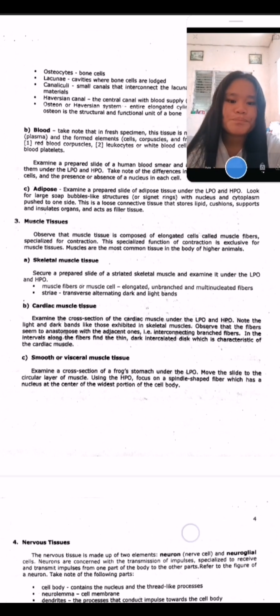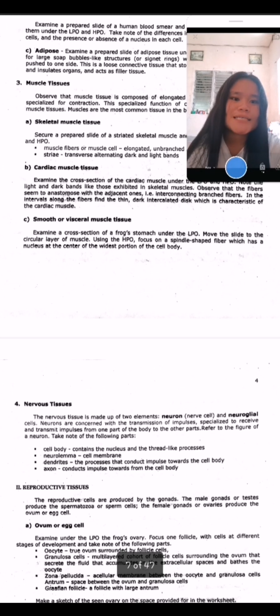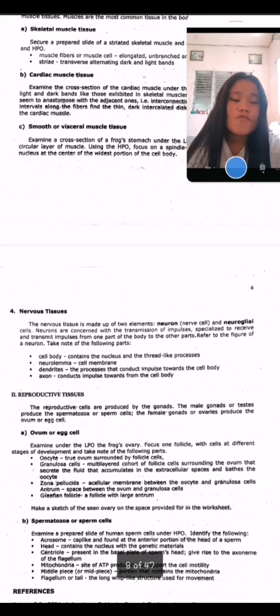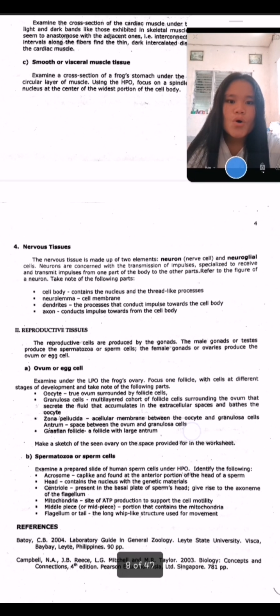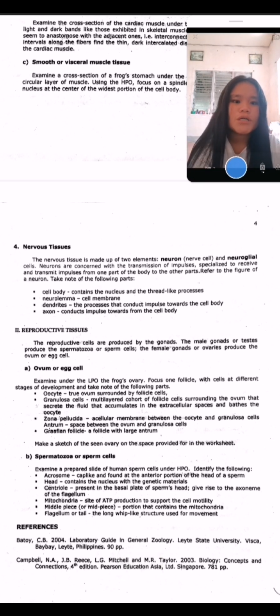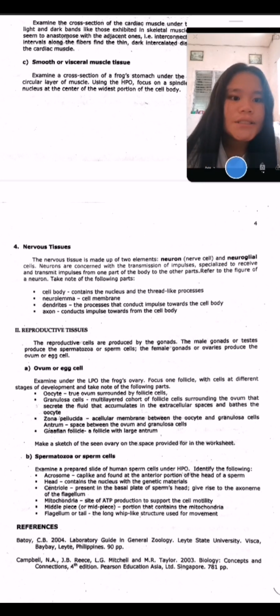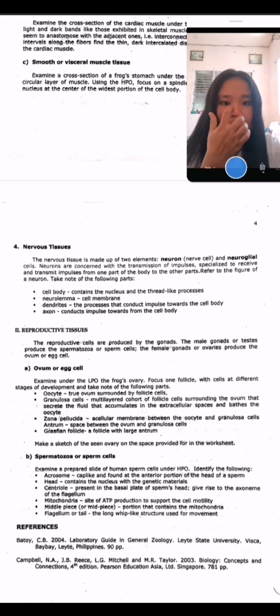Number 4, this is the last part of the tissues. Nervous tissues. The nervous tissue is made up of 2 elements, neurons or nerve cells and neuroglial cells.